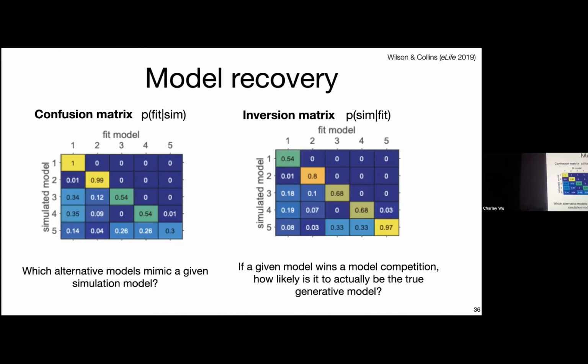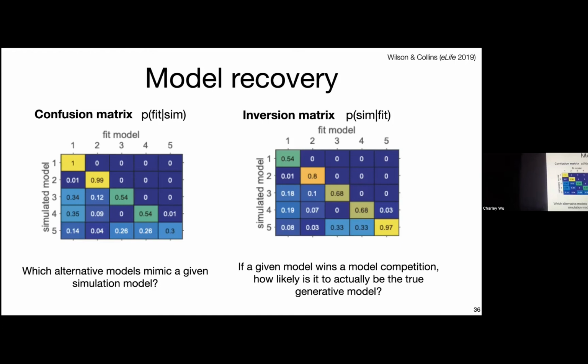If we switch over here, recall that when model 3 or model 4 generated the data, model 1 was the best fit a third of the time, okay? So what this plot here is telling us is that if model 1 wins, we still can't be certain that model 1 actually was a true model, because it also mimics these ones, right? And so this is telling us a very different picture than this first plot.